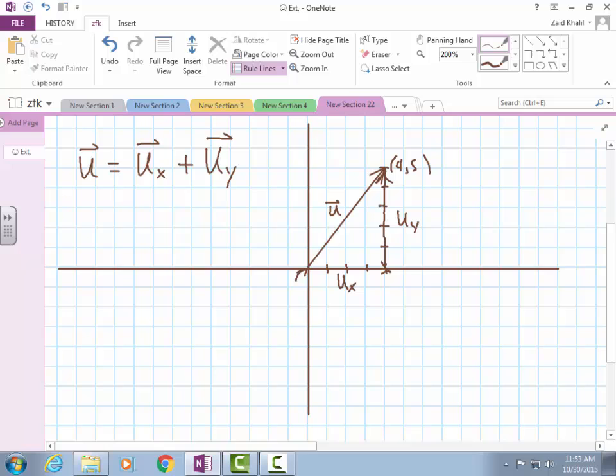And so now, there's a word for this. The word for this is an orthogonal basis. A basis is a coordinate system. An orthogonal basis means that your coordinates are perpendicular to each other.